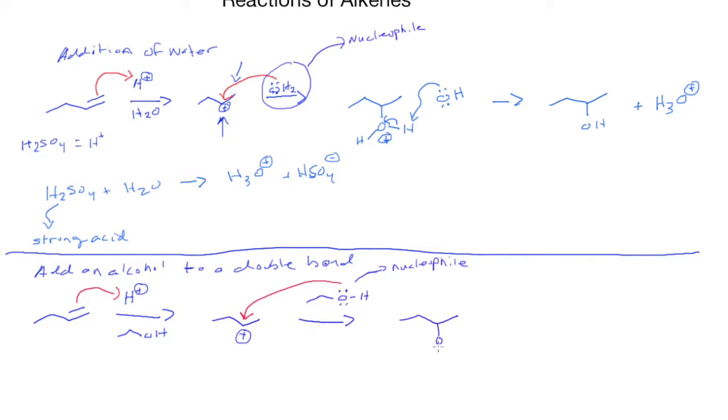Again, I'm just going to draw it down here. And so now we have a plus charge. And so what do you think is going to happen? Well, remember, H plus is going to be equal to H2SO4, and in solution you have HSO4 minus, right?